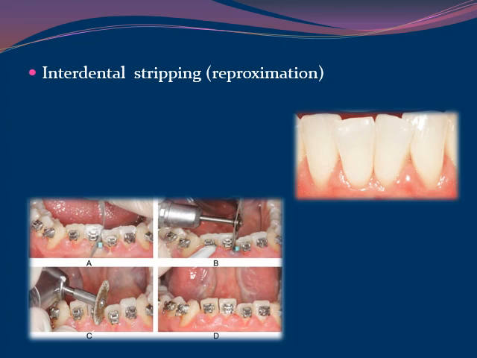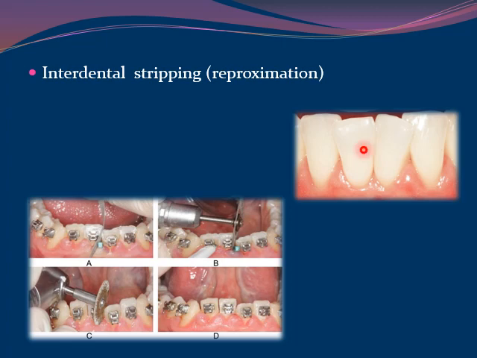Why? In certain shapes of teeth, the interdental contact area is a point contact, so the support between the teeth is decreased and the relapse is more. In this technique we flatten the interdental contact area to increase the support between the teeth, so that stability and retention are increased and relapse is decreased.